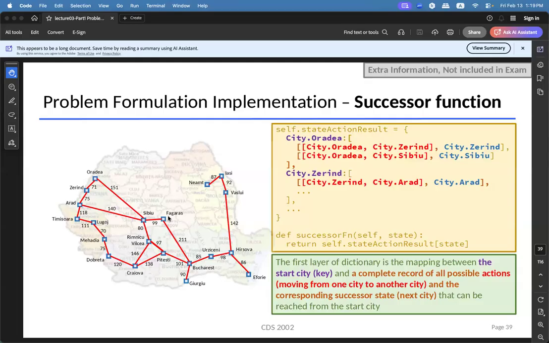Since the connection of the road network is in both ways, then the state diagram should also be without any direction, or I would say it should be bidirectional for all the edges in the network.